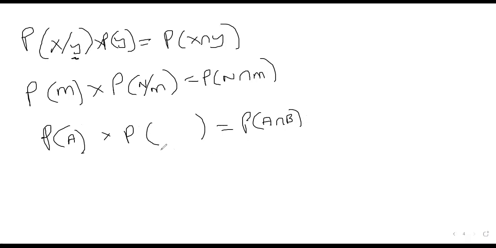I multiply it by B given A or A given B. For this to be an intersection, this A must go down here. Then the other letter, which is B, is one that comes there. That's how this pattern works. So A is supposed to be multiplied by B given A to get the intersection. Is that clear?